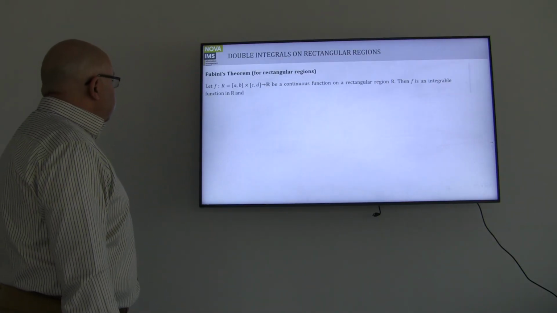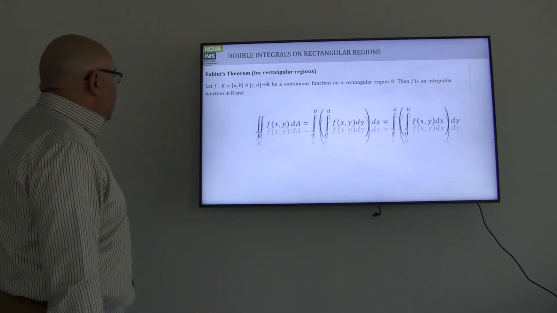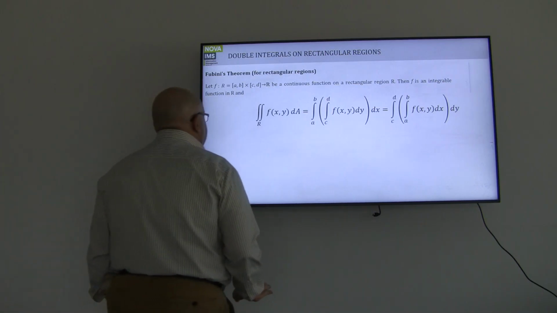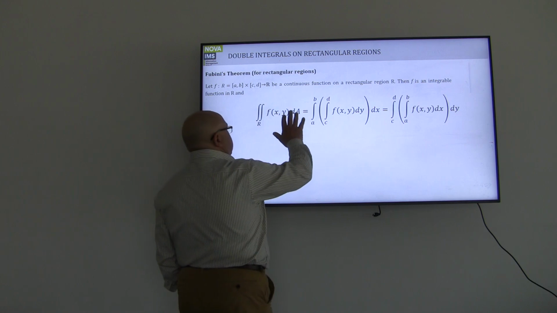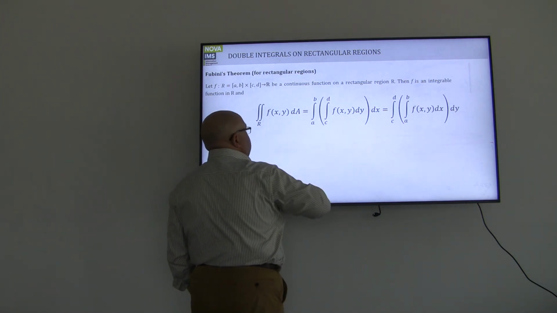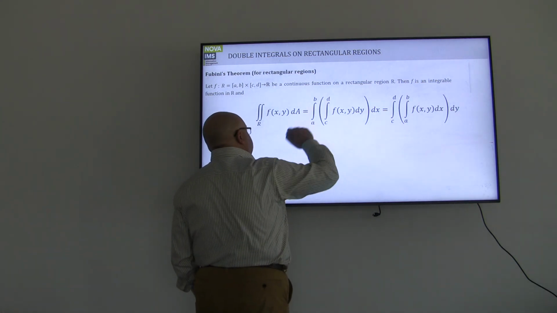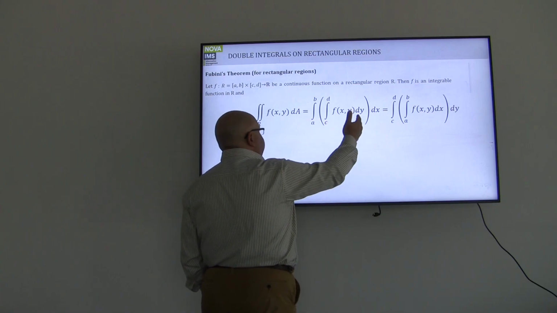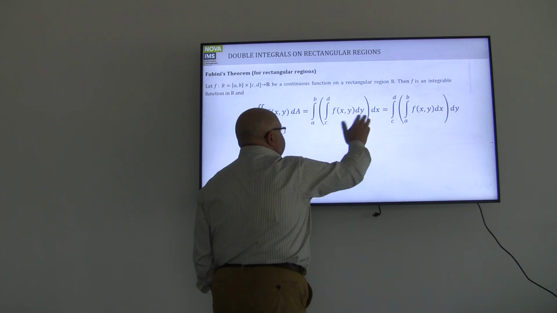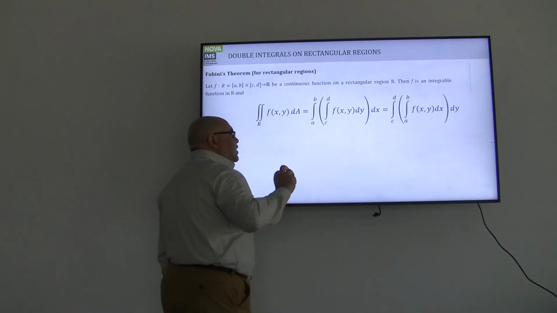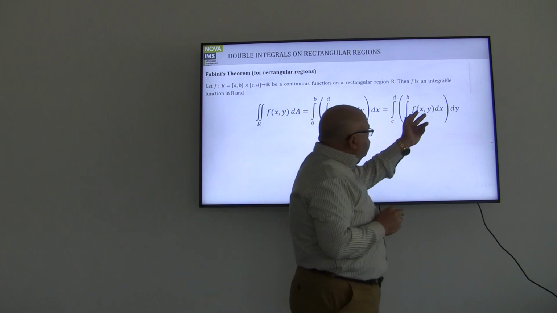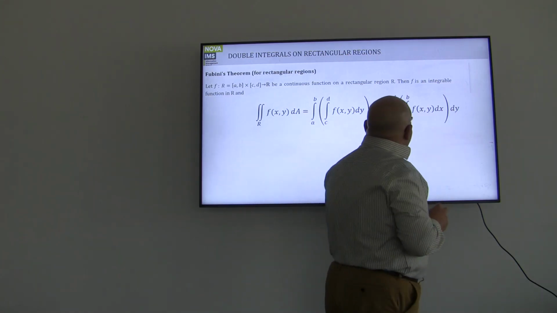So once more, Fubini's theorem for rectangular regions states that if I want to integrate a function f of x,y with respect to dA, from c to d, with the direction of dy first, then the direction of dx, it's exactly the same for the same region if you change the order of integration to do dx first, then dy.